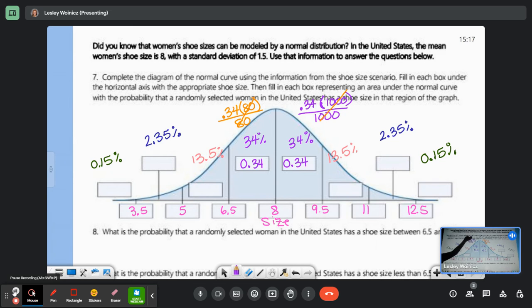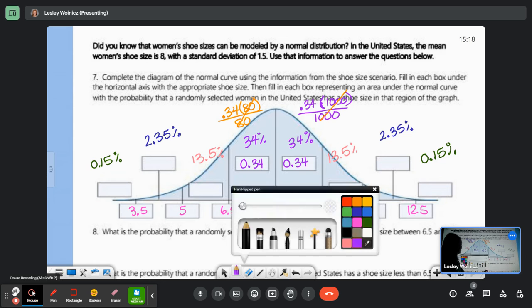Whether I picked out of 1,000 or out of 80, it's still the same odds, right? I could have just told you that, but it's more important that we figured it out. So thank you for working through that with me. I appreciate you.